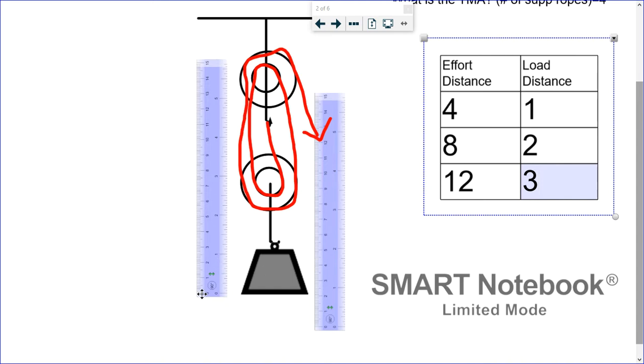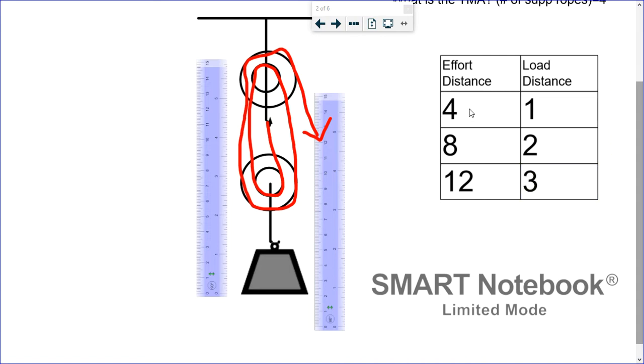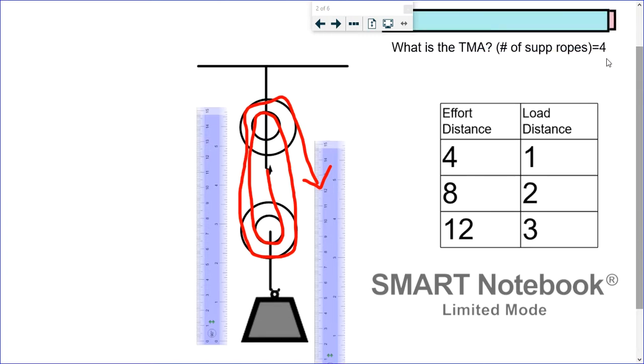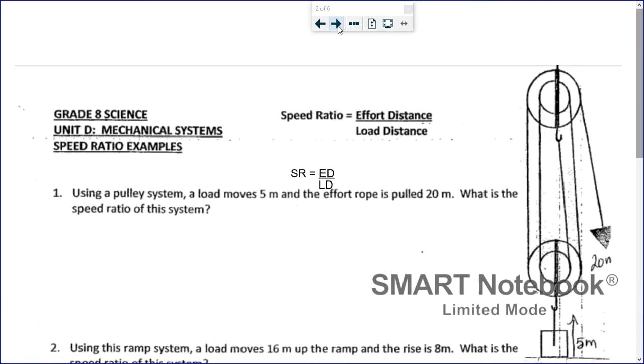So you notice that it's always the effort distance divided by 4 that equals the load distance. Interestingly, the number of supporting ropes also was 4.